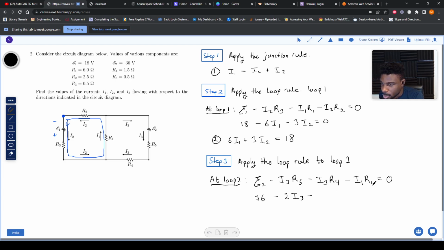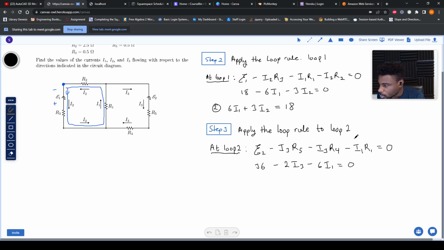And then I1 R1, so this is 6 ohms times I1 equals 0. Okay, so our third and final equation, equation number 3, is 6I1 plus 2I3 is equal to 36.